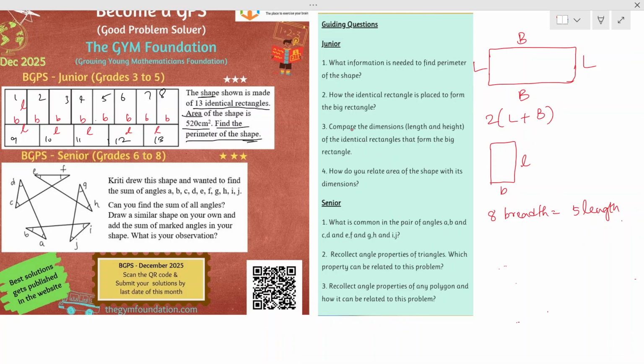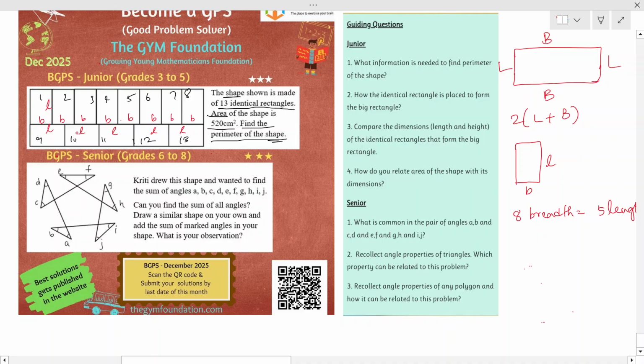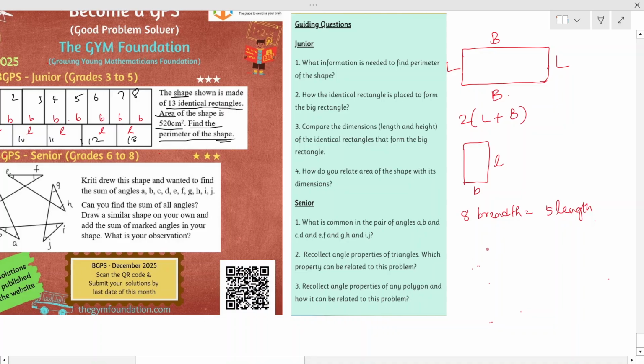Then it is asking us to compare the dimensions, length and breadth, of the identical rectangles that form the big one. So what is the relation between these two? You can easily see that if you consider this as capital B, the breadth of the big rectangle, it is made of 5 times the small length or 8 times the small breadth.